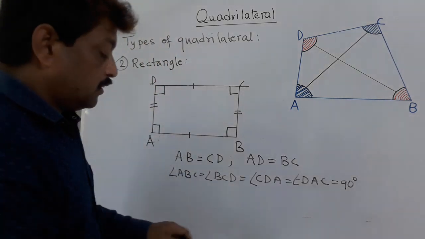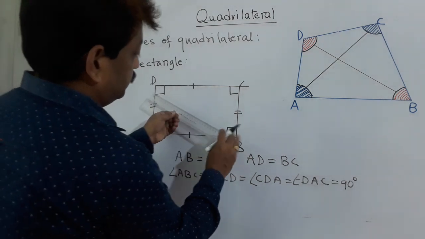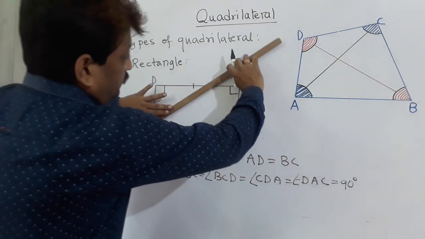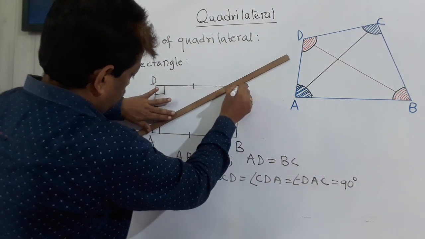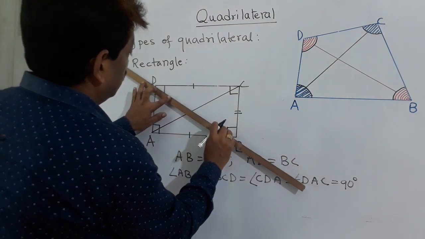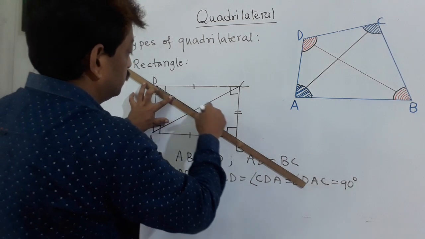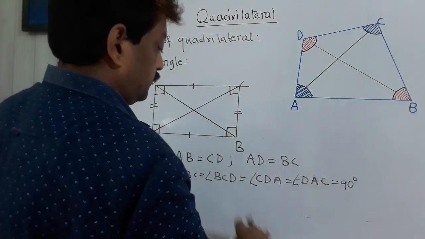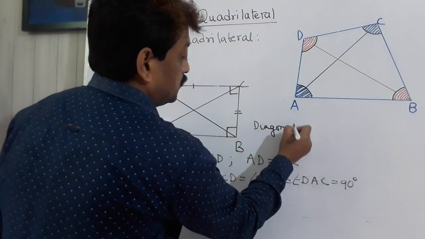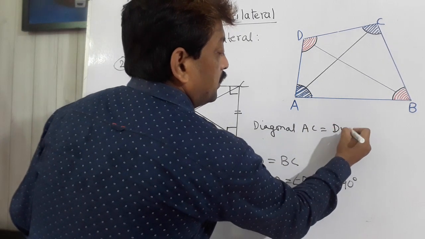One more thing, in a rectangle the diagonals are also equal. These diagonals AC and BD are equal. Diagonal AC equals diagonal BD.